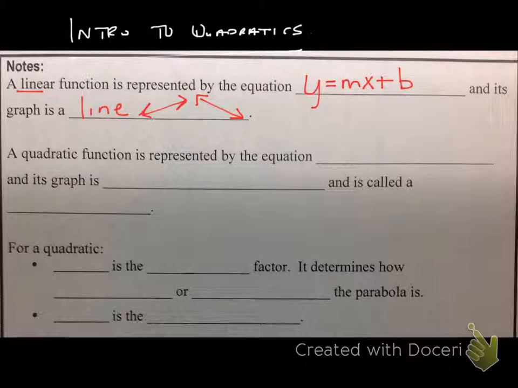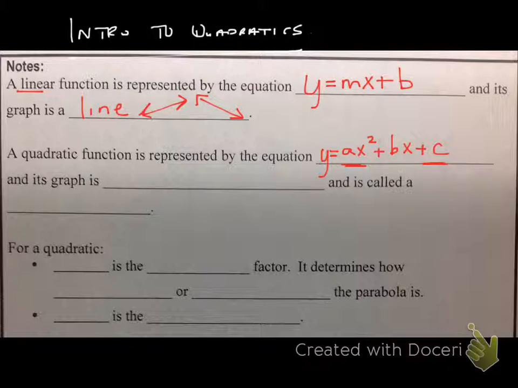Okay, a quadratic function is another type of function that is represented by the equation y equals ax squared plus bx plus c. Now, in Algebra 1, you're going to talk primarily about y equals ax squared plus c.